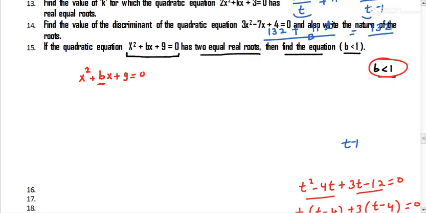Okay. So, based on this question, which formula are you going to use? Can anyone tell me that? D equals B square minus 4AC. Okay, if I use that formula, after that, why are we going to use this formula?